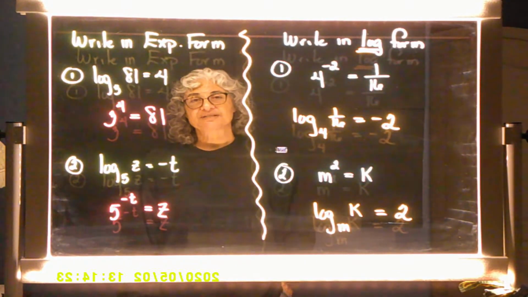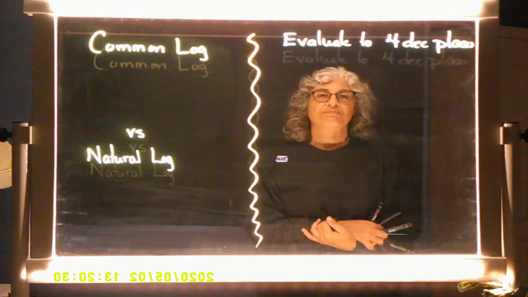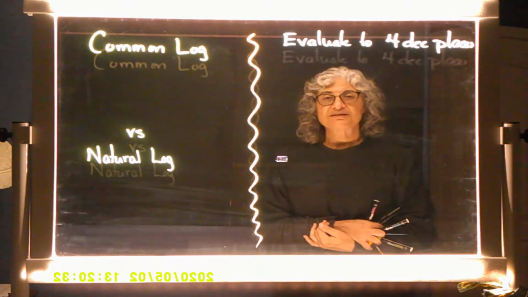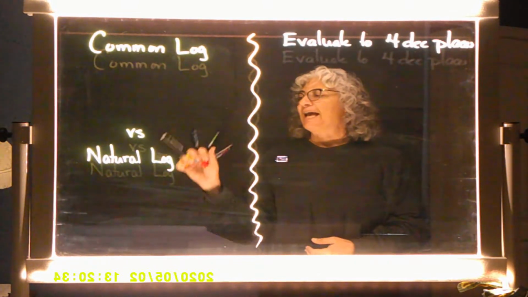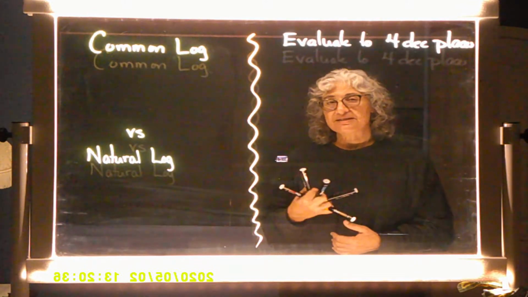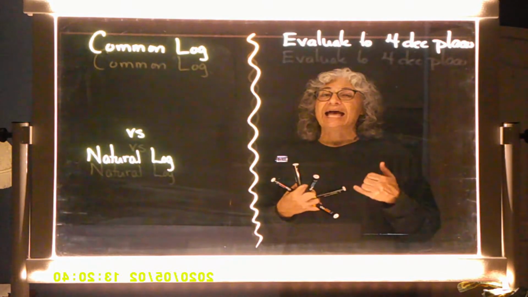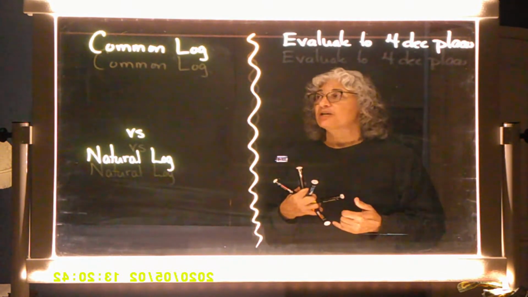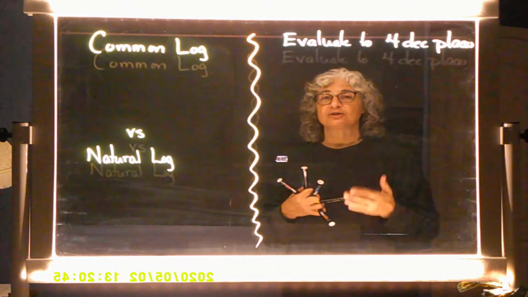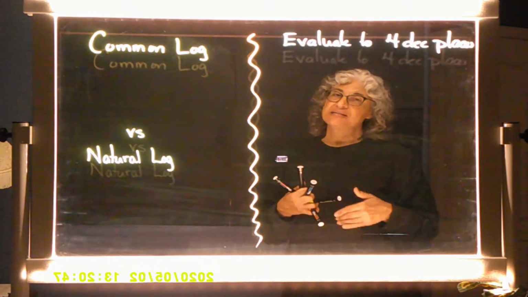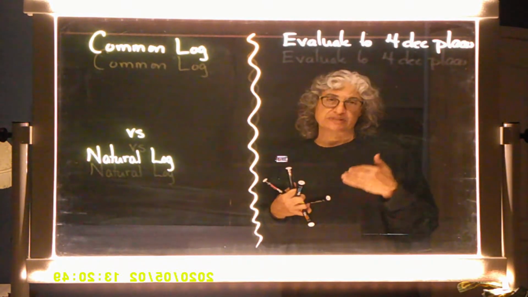Got a couple more examples about logarithmic functions. Okay, so let's talk about the common log and the natural log. This is the same as when we spoke about the exponential functions with the common base and the natural base. So if we're talking about a common log, remember the common base? The common base was 10.